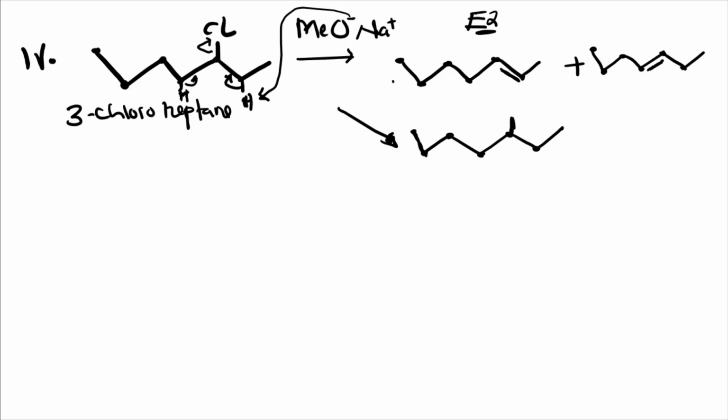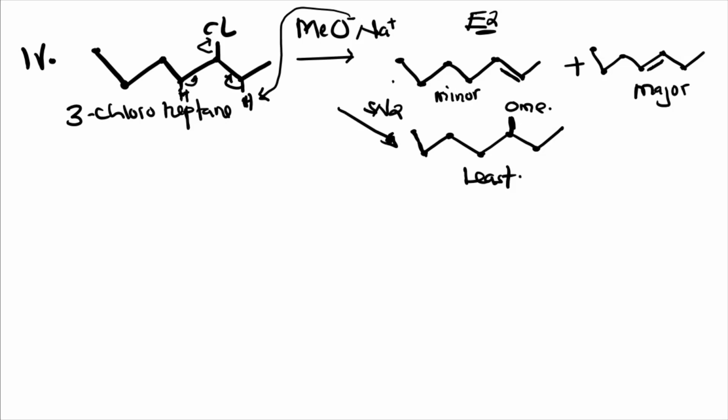Where the leaving group was, that's where this is going to be. So this occurs by an SN2 reaction. The major product among these three products is this one, followed by this one, the minor product, and then this one is the least. All right. So this hydrogen is more easily taken by the base than this hydrogen.